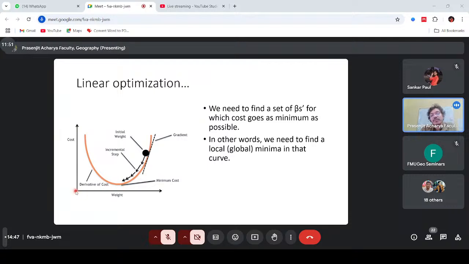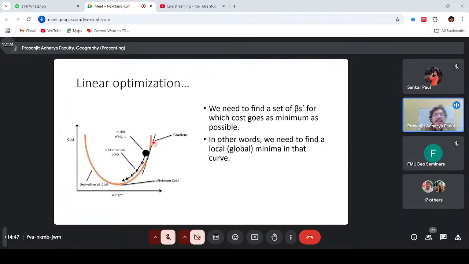If you start moving from this point to that, right at this point, stop here, we get a minimum cost value. That suggests you get the minimum error at a beta 0 value which sits there. If you do the same for beta 1, we are able to find out the beta 0 and beta 1 values for which I get the error as minimum as possible.